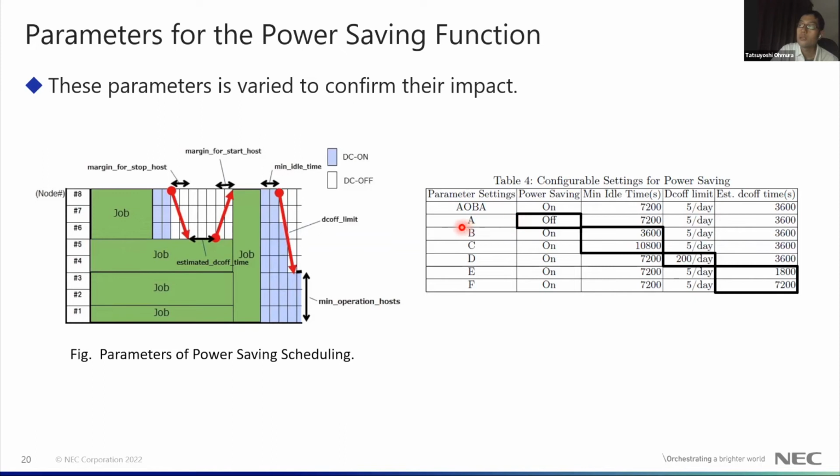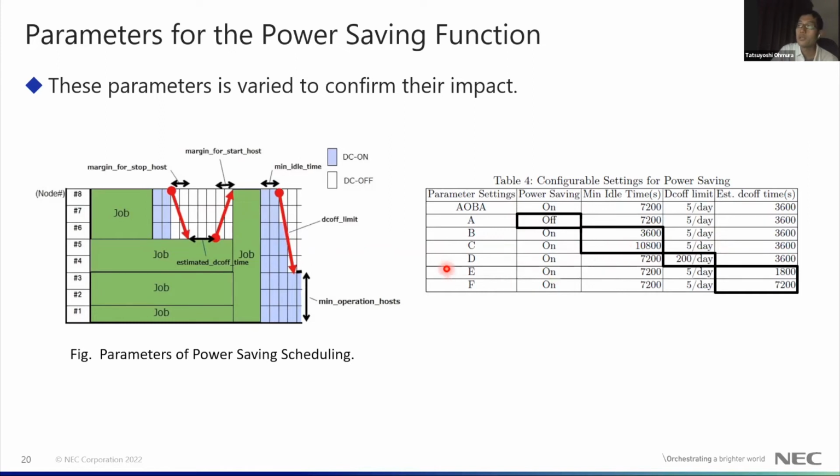Setting A is a case where the power saving feature is disabled. If a node is idle for a long time, the node is turned off. The minimum idle time is a threshold to decide if a node is turned off. Settings B and C are the cases where the minimum idle time parameter is set to smaller and larger respectively.